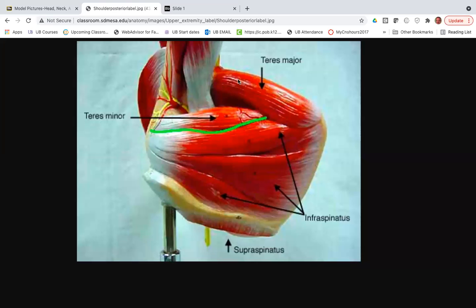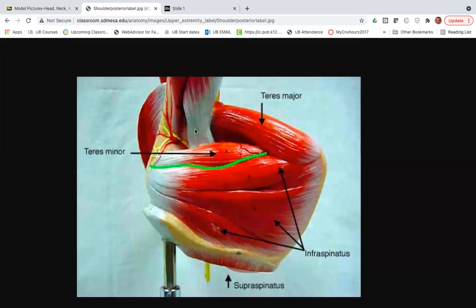Now, Teres Major is not a rotator cuff muscle, but you can see that there's this little web, this little triangle, or this little space right here between Teres Minor and Teres Major. And there's a belly of a muscle and a tendon that travels or gets pierced right between Teres Minor and Teres Major.